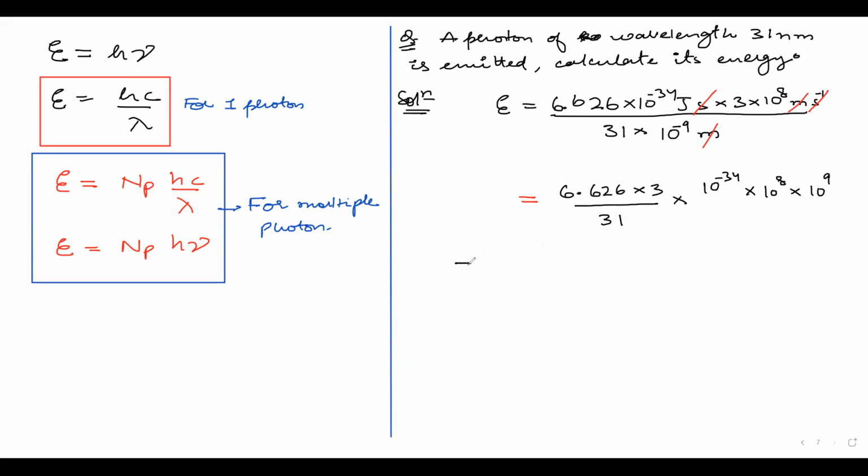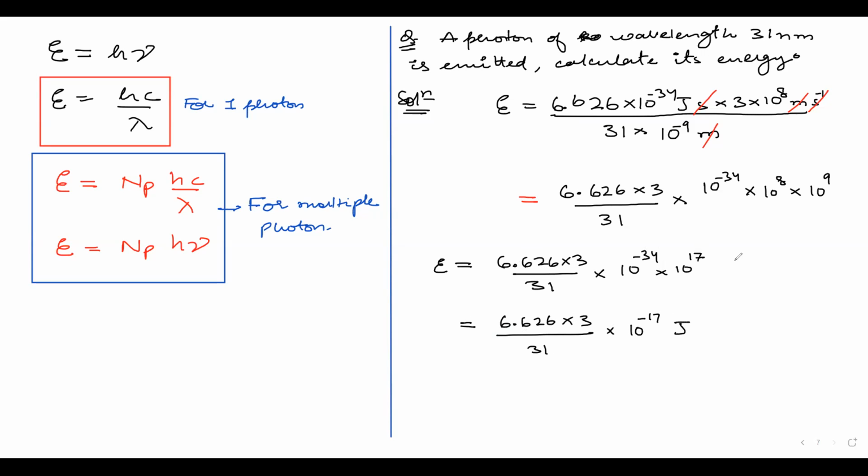So we can write again here, energy is equal to 6.626 into 3 divided by 31 into 10 to the power minus 34 into 10 to the power 17. So it will be equal to 6.626 into 3 divided by 31 into 10 to the power minus 17 joules. Now you can please calculate.